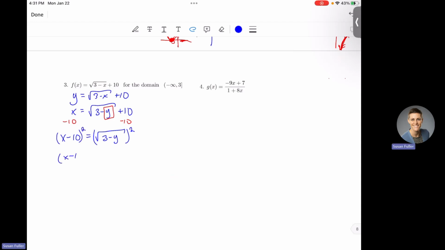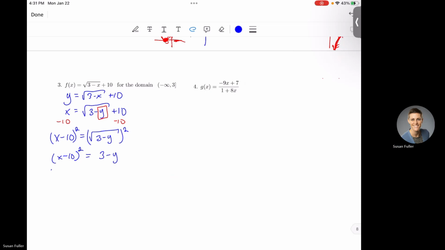I'm going to get (x minus 10) squared equals 3 minus y. And then I will subtract 3 from both sides. Get (x minus 10) squared minus 3 is equal to negative y.